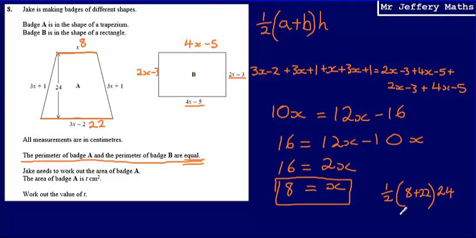Half of 30 is 15, multiplied by 24, so that's going to give me 15 times 24. 15 times 24 is going to give me a final answer of 360. So we're told to work out the value of T where the area is T centimetres squared. So my final answer is just going to be 360.